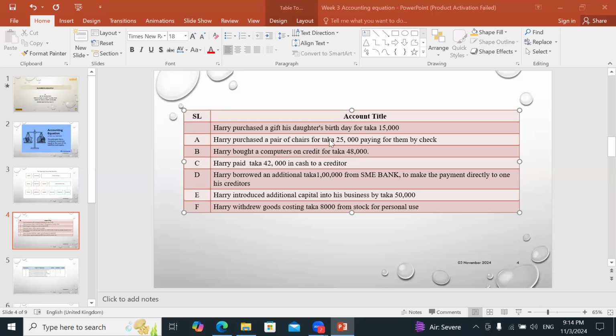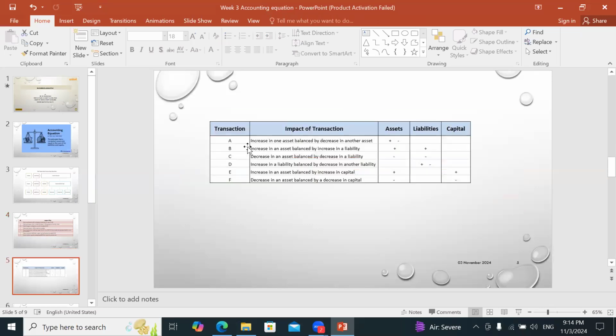So one asset increases and another asset decreases by a transaction. In this transaction, one asset balance increases by decreasing another asset. That means on the asset side, plus and minus. You understand?